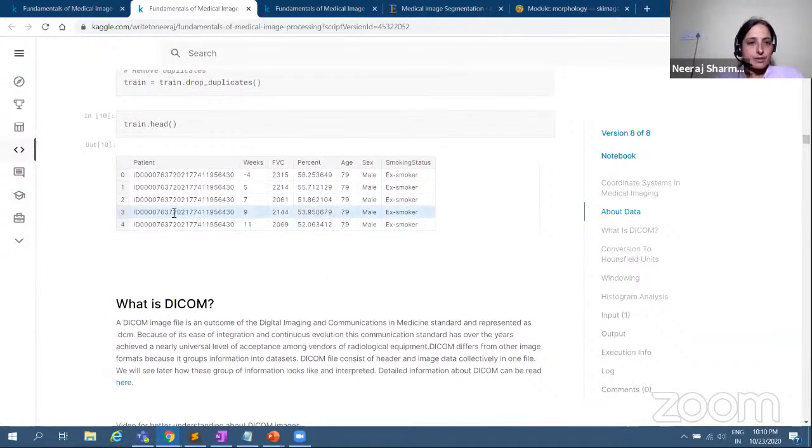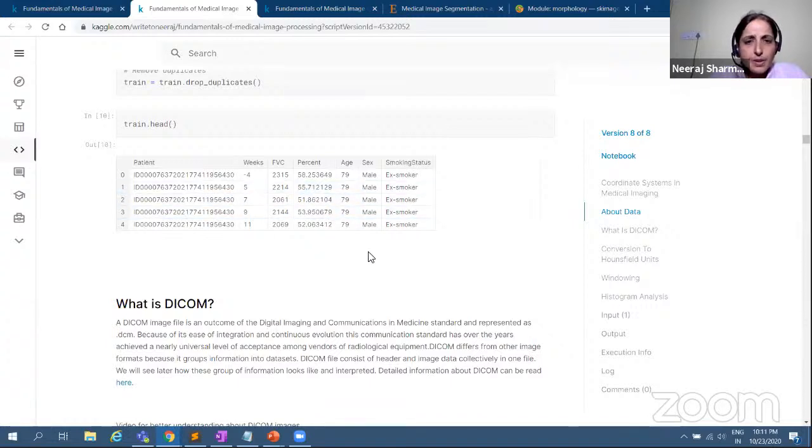Here is what the data looks like. This is the training data, which contains the patient ID, then the weeks. For a particular frequency of weeks, the observation is taken, and this is the FVC, forced vital capacity, that means the amount of air that a patient can blow out as quickly as possible.